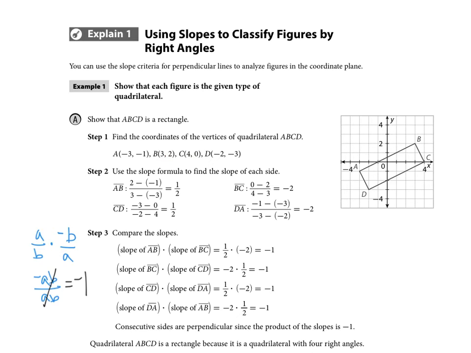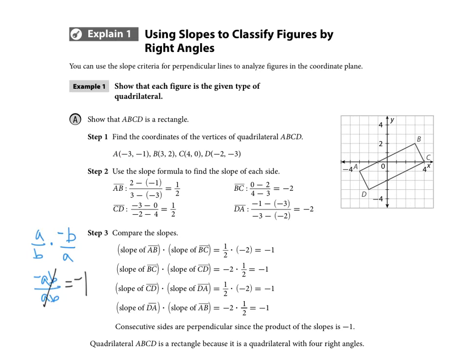If we look at CD, that slope is going to be -3 minus 0 over -2 minus 4, and then again reducing -6 over -4, we get 1/2. And so we have DA left, and we're going to do a -1 minus -3 and a -3 minus -2, which also is going to come out to a -2.